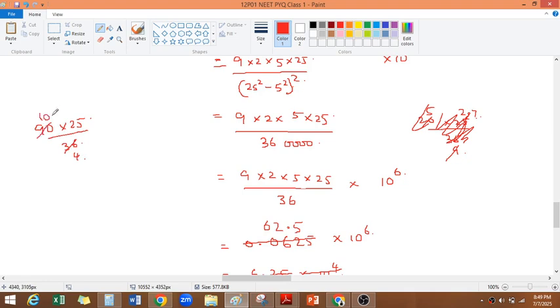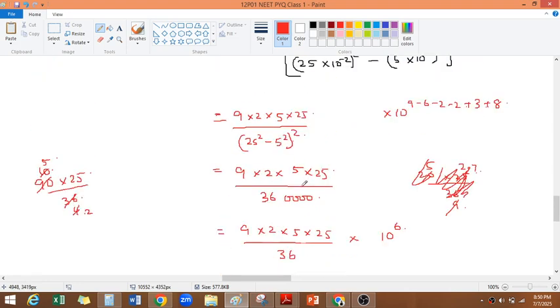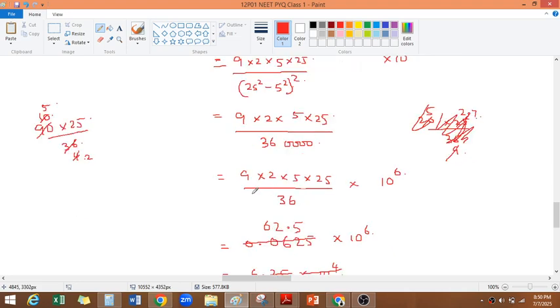So 10 times. So 2 times, 3 times. So 125 divided by 2. So 125 divided by 2, I think you will get around 62 something, right? Which makes sense. So all I'm saying is, don't think that it is a very difficult one. You can do some quick calculations or take some approximate values also.